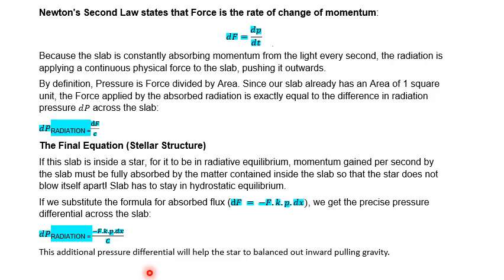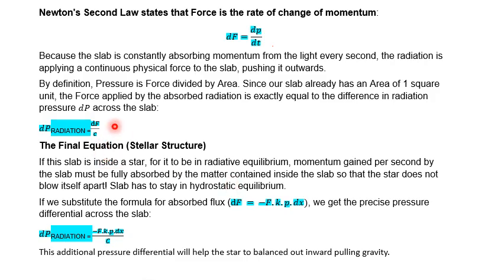By definition we know that pressure is force divided by area, and since our slab has a cross-sectional area of 1 square unit, numerically the pressure is equal to the force.